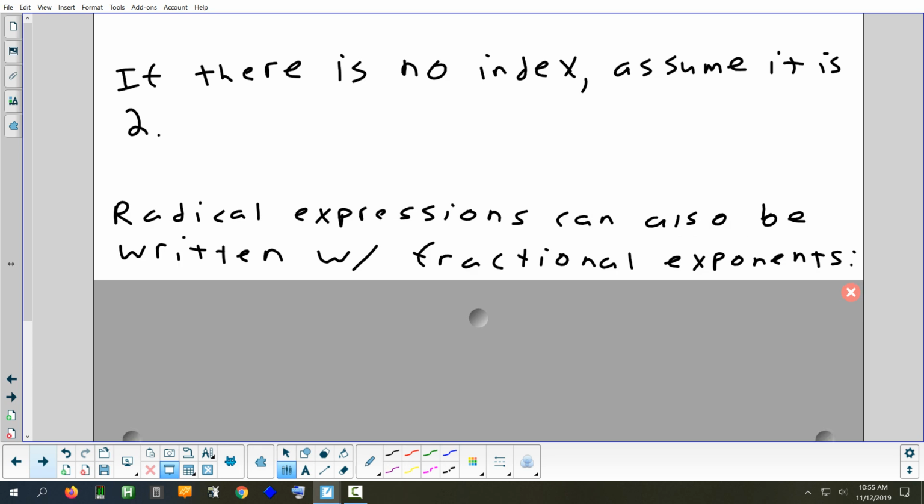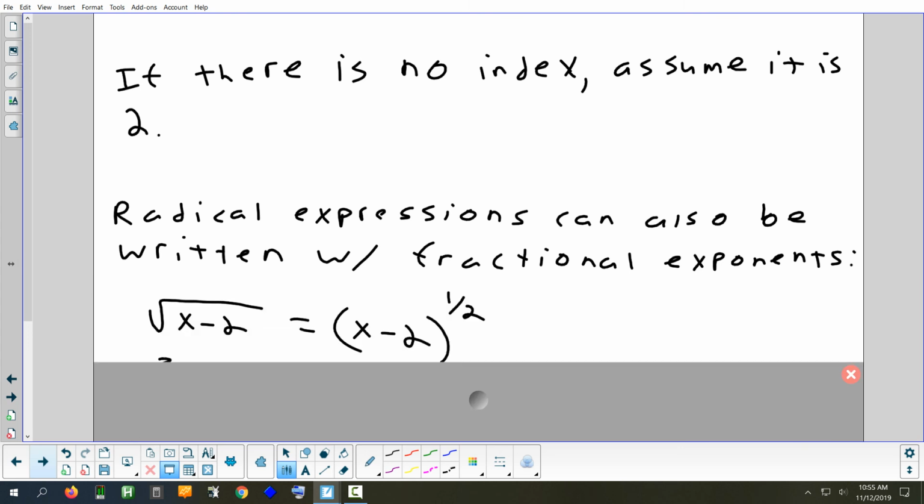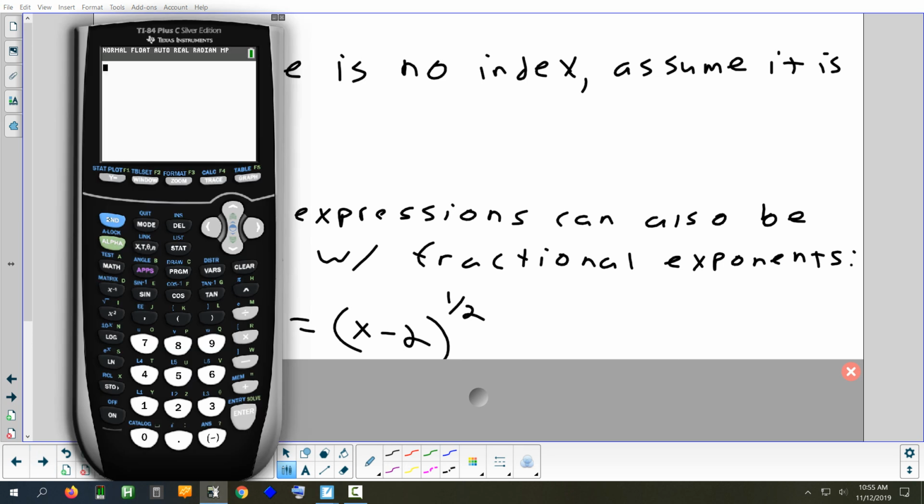Now, radical expressions can also be written with fractional exponents. We don't really get into the proof why, but another way to take a square root is to raise something to the 1/2 power. Okay, so here's an example. Let's take the square root of 12.